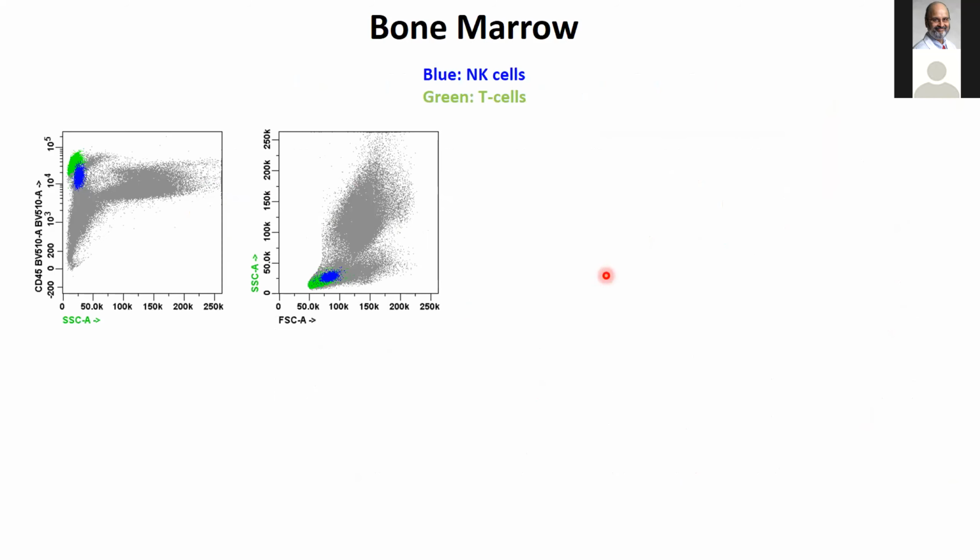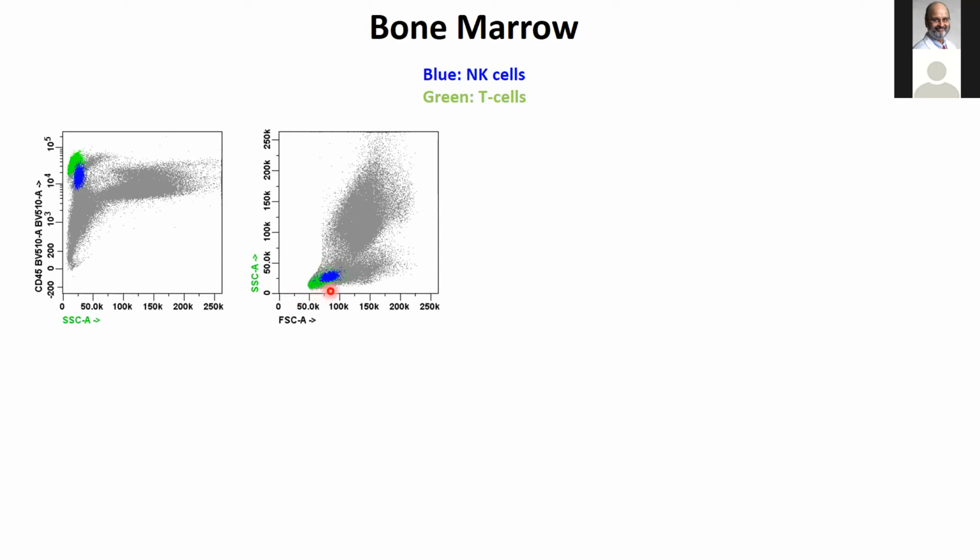I'd already mentioned where the NK cells sit on CD45 and side scatter. If we go over here to the physical parameter plot and take a look at forward light scatter, we'll see that NK cells in general show slightly higher forward light scatter than the T cells, which are painted green here, and again slightly increased side scatter.